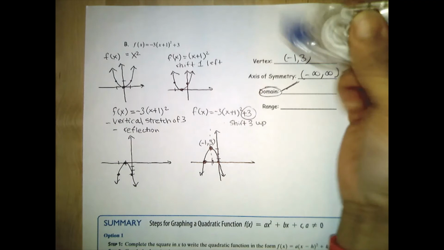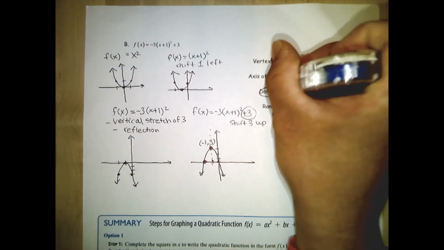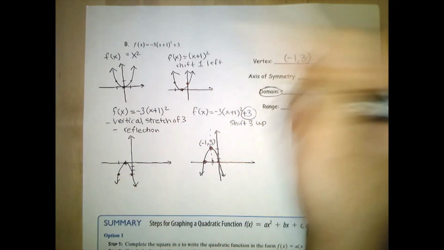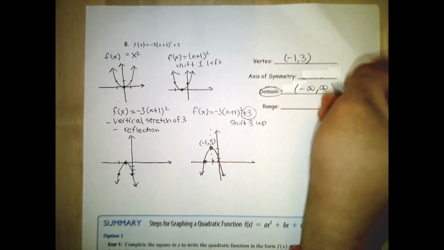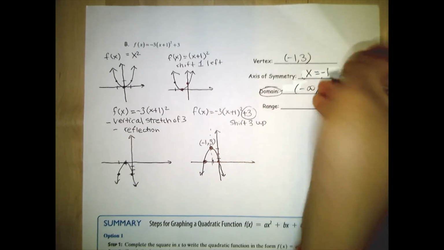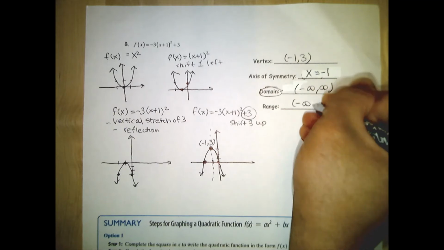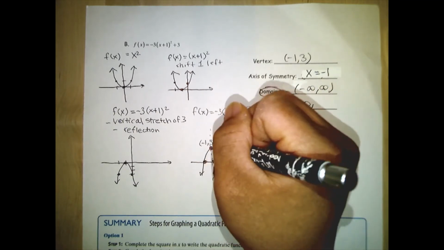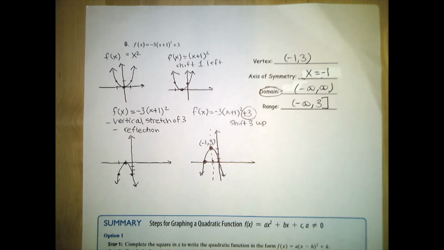I'll just rewrite this. I read axis of symmetry and then looked at the line for domain. So luckily, I noticed it before I got too far. And the range is negative infinity up to the largest y value, which is 3. So negative infinity to 3.